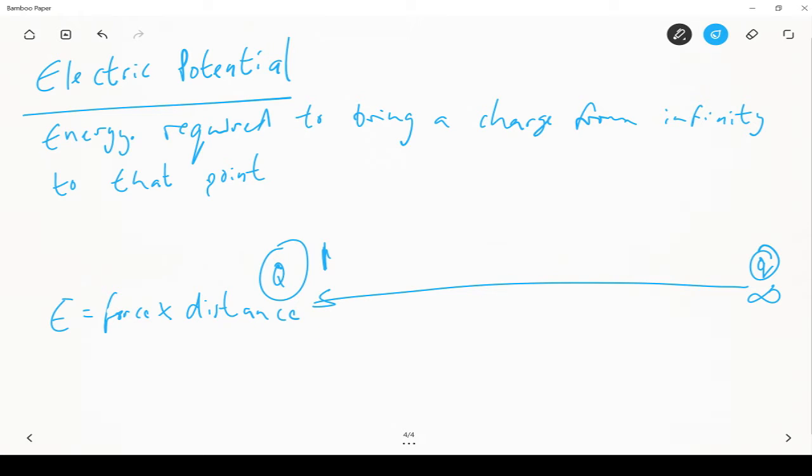And if you are doing A-level maths but haven't done this yet, okay, so we bring a charge in to this point R. So the electric potential, let's not confuse us with fields, let's call it V for electric potential, is equal to, let's bring it in from infinity.